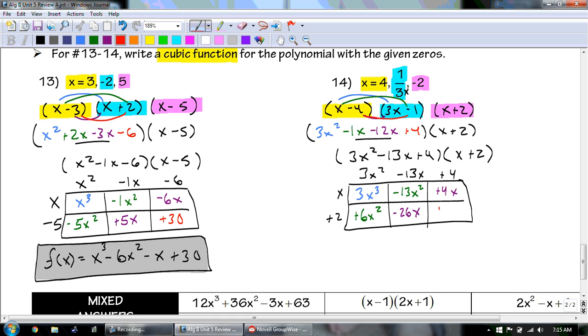And then 2 times 4 is a positive 8. So we're going to label it f of x equals 3x cubed minus 7x squared minus 22x plus 8.